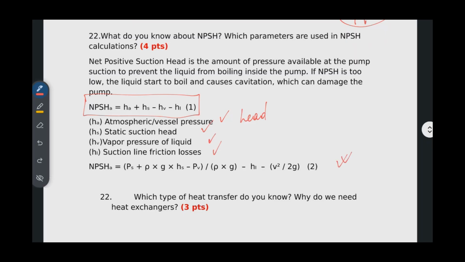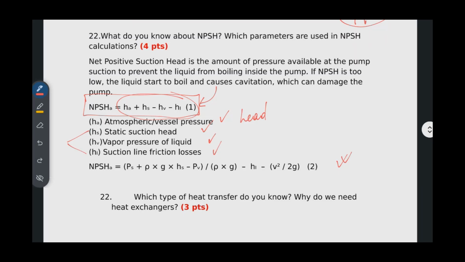So when you try to make any change, or let's say move away from the NPSHR, which is the required curve, you need to do some adjustments on this calculation. It could be either static suction head or suction line frictional losses, I would say, during the operational conditions after startup.